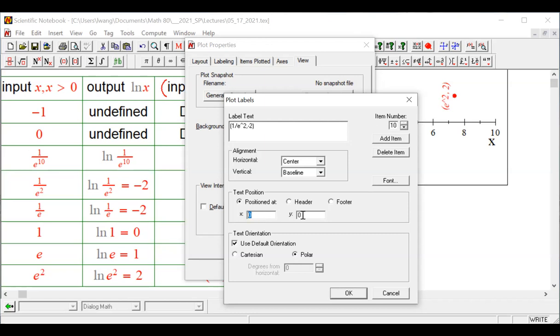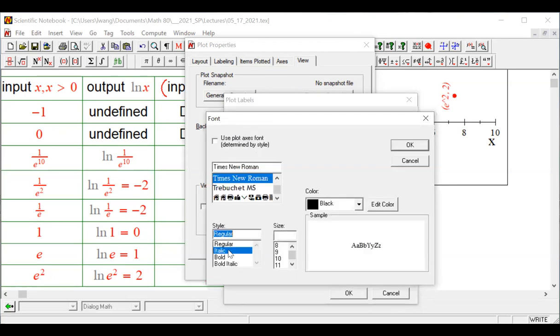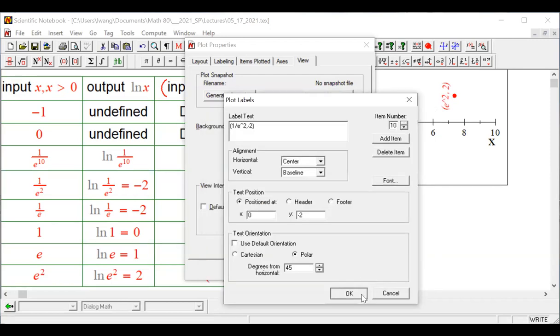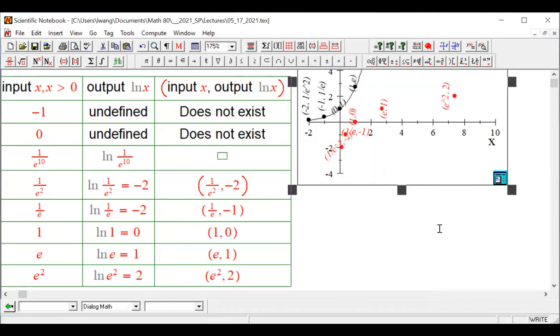And that point is negative 2. And make it just a little bit tilted. Red dot. How about that?